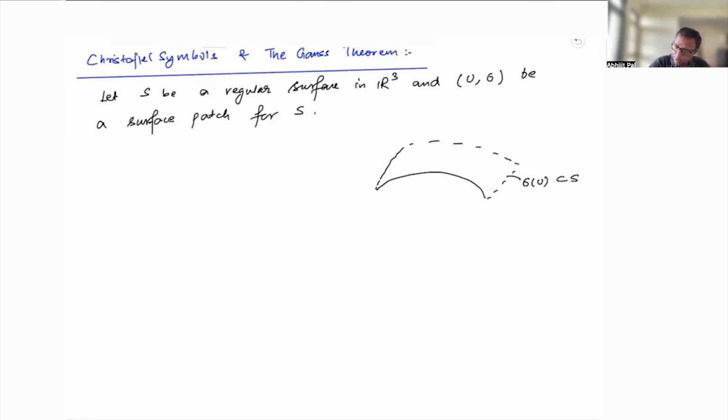Now if I take any point, we know there exists a normal to this surface, and we have a tangent plane at this point.